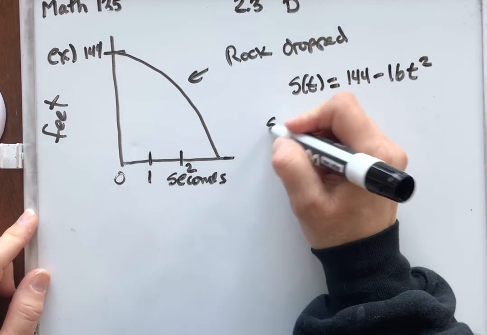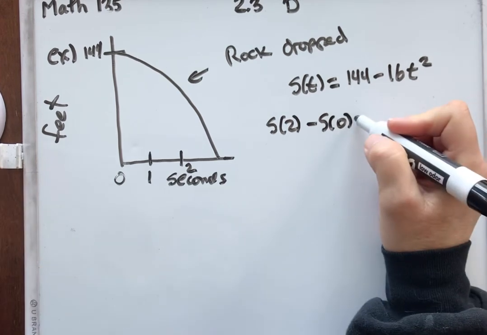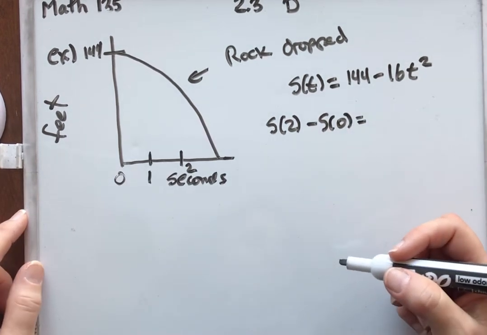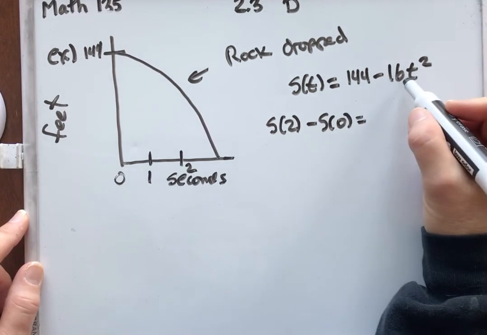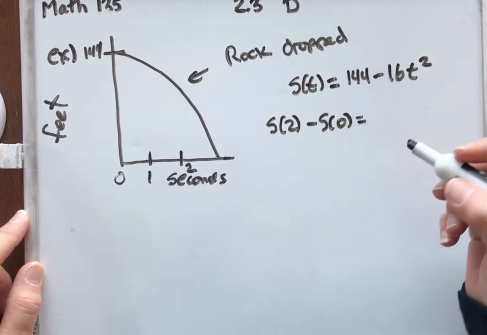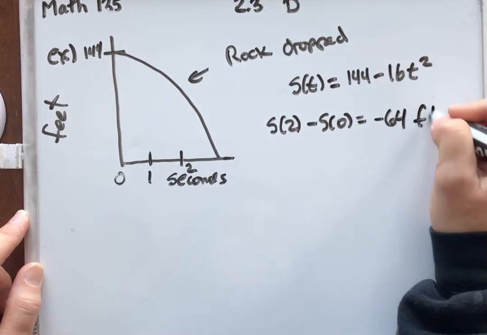So what would S of 2 minus S of 0 represent? Well, we're going to put a 2 in here, and then we put a 0 in there, and we end up with minus 64 feet.